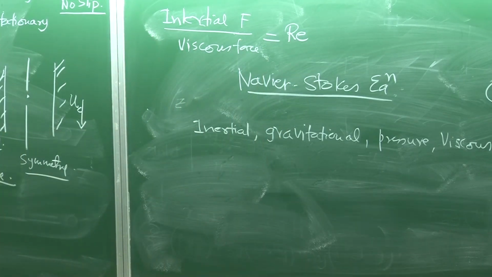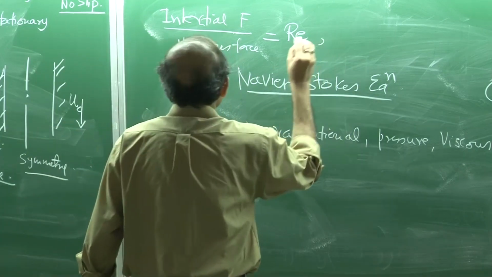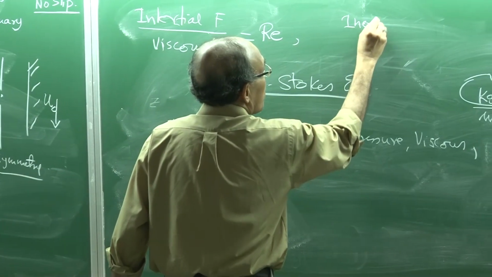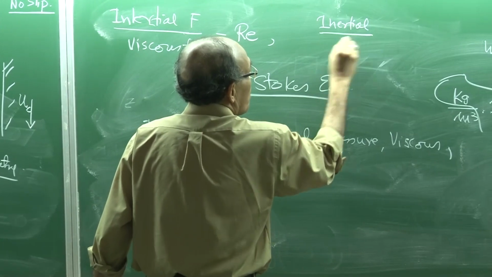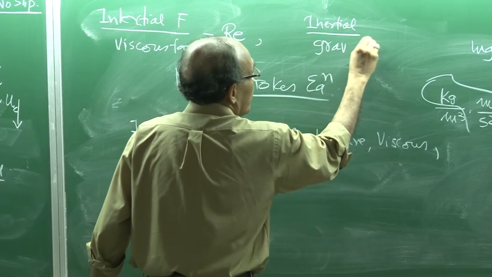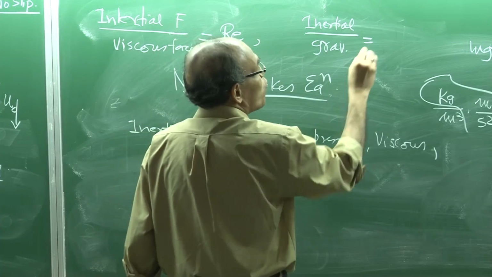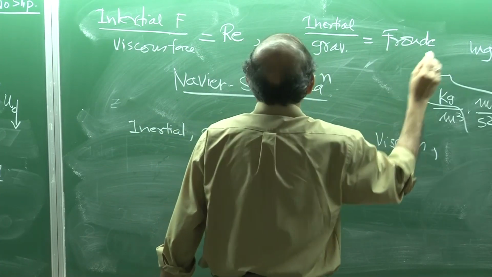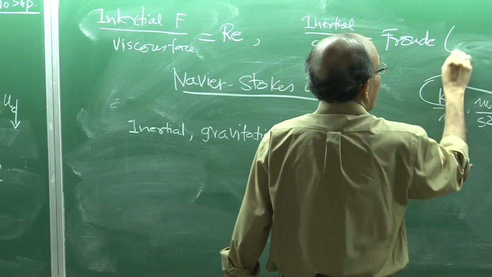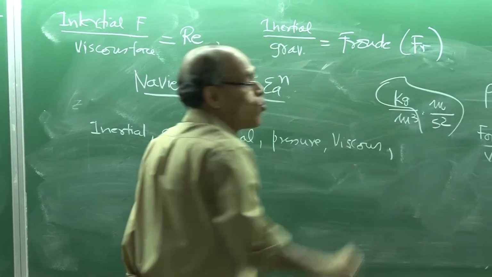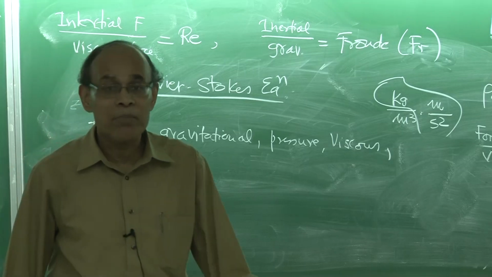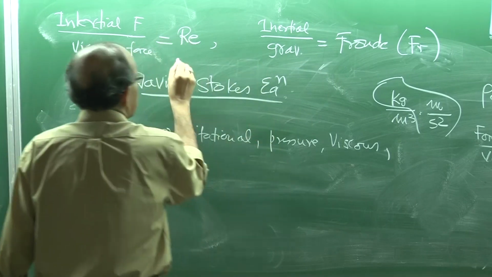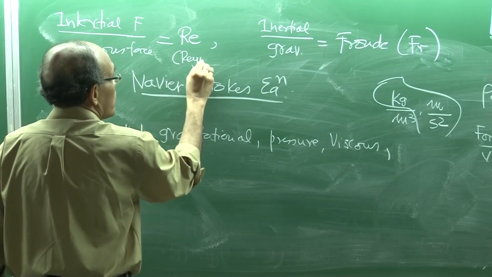of the flow. Similarly, if I say inertial by gravitational, I am not writing the full form, we will say that this is the Froude number or FR. And this is Reynolds number.